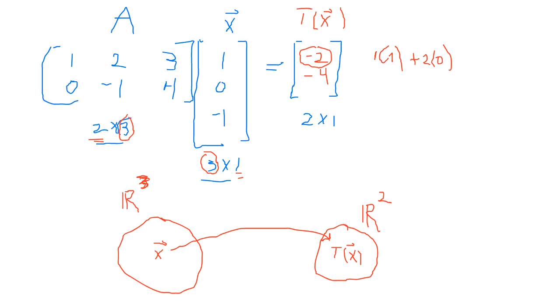How do we get -2? 1 times 1 plus 2 times 0 plus 3 times -1. So this is something I want you to, we can talk about this a little more during our classwork time. But this is how we got the first number here, the -2.